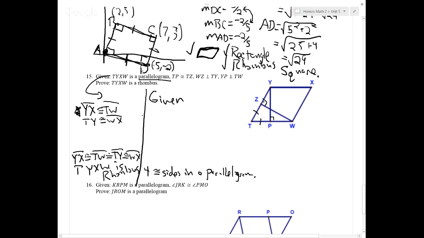So off of that, let's see here. We got these from opposite sides congruent in a parallelogram. I'm going to say that angle T is congruent to itself. So that, in those 2 triangles, gives me that congruence.